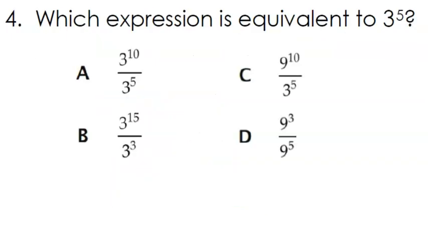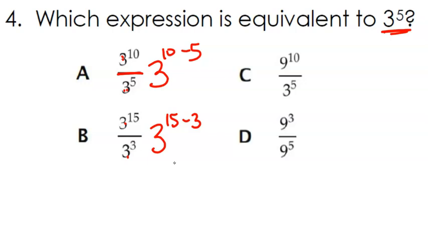Number 4 asks which expression is equivalent to 3 to the 5th power. So for all of these, you have a base in the numerator and a base in the denominator. And when you have like bases, you keep the base the same, and you subtract the powers. Like in B, they have the same base, keep the base the same, and subtract the powers.